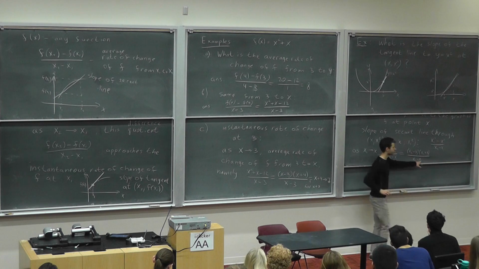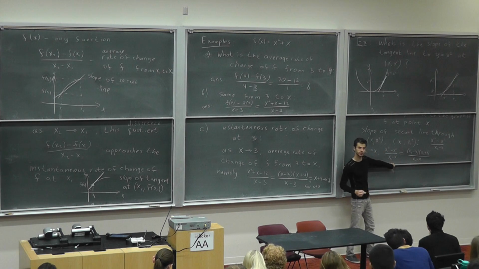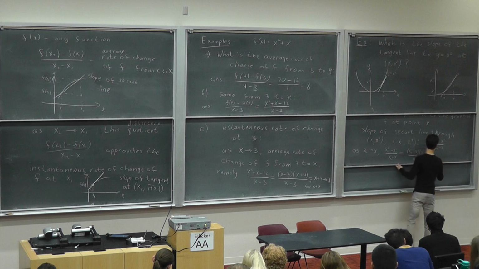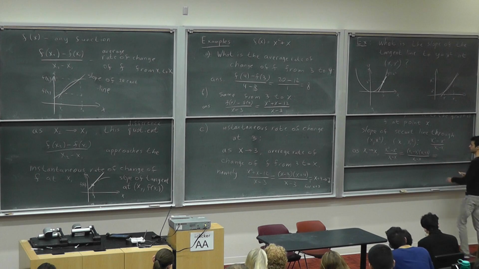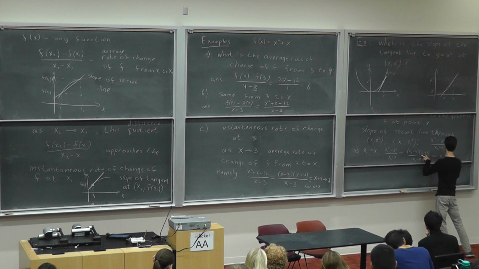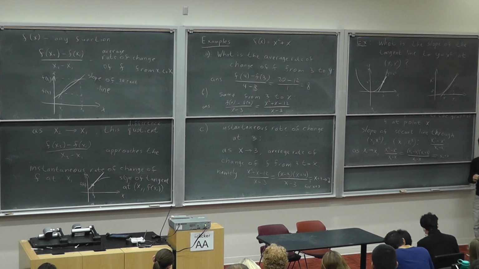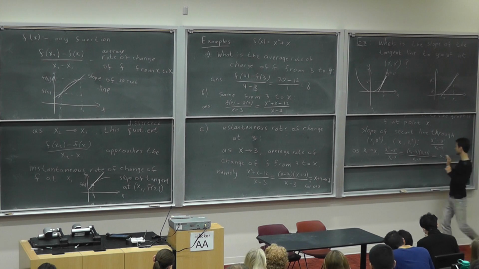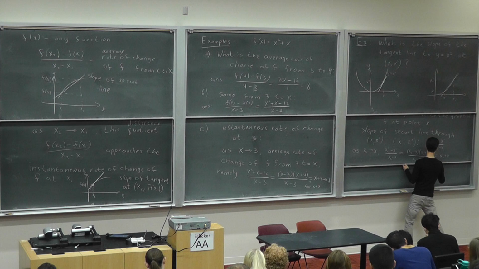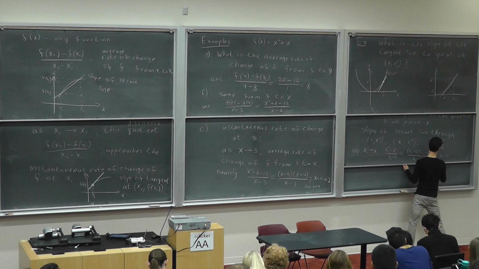I will divide this by x2 minus x, like here, and then cancel stuff out. So the answer is x2 plus x. Once again, it works only for x2 which is not equal to x.